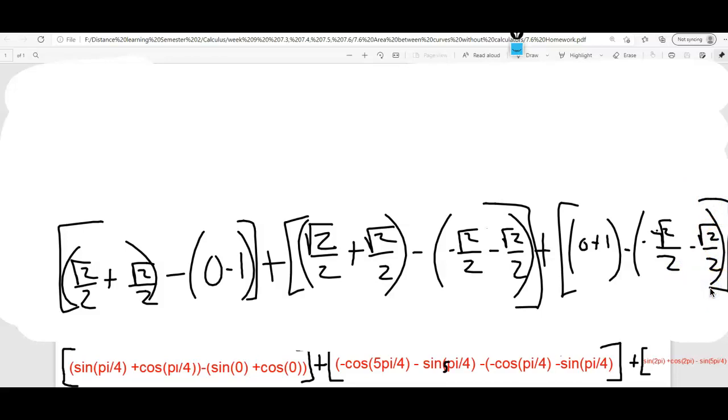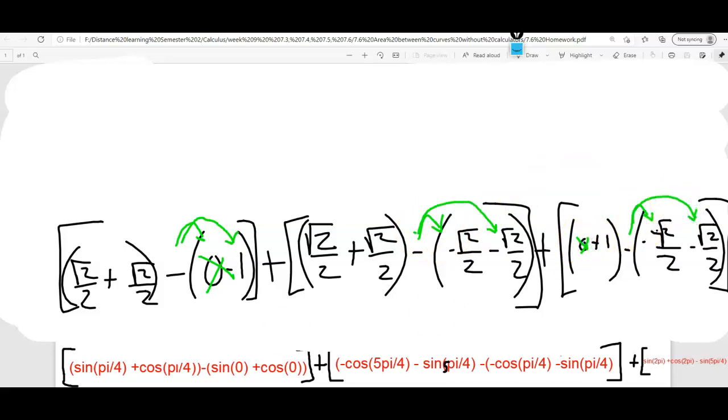All right, and then you're going to go ahead and do any kind of distribution that you need to do here. So I do need to distribute this negative in here, and we can get rid of the zeros. They don't matter. I need to distribute this negative here, and we can get rid of this 0 here and distribute this.